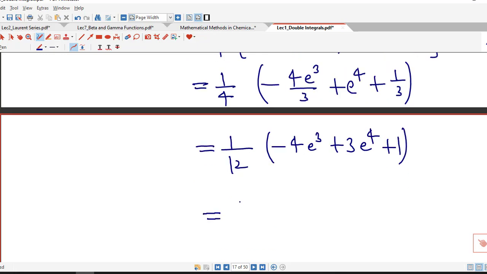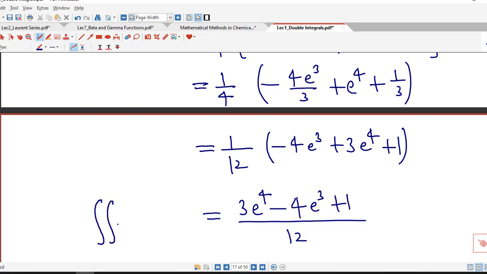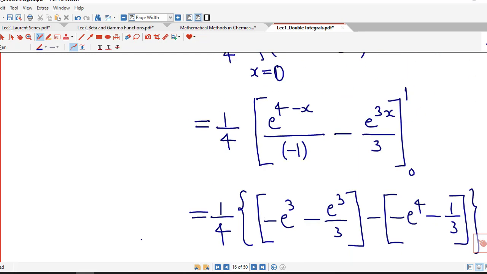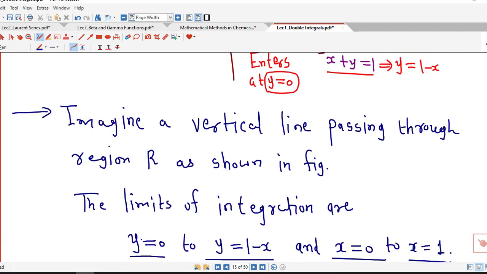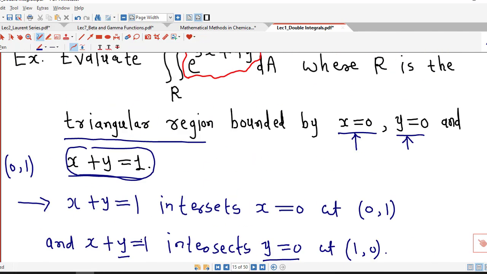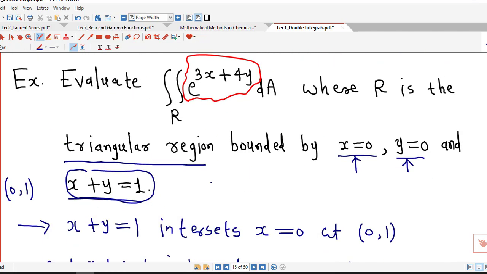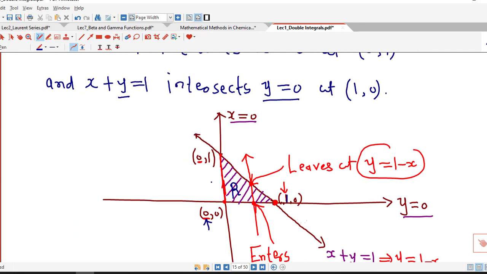So this we can rewrite as 3 e raised to 4 minus 4 times e cube plus 1, divided by 12. So this is the value of the given integral over the triangular region. Our integral is e raised to 3x plus 4y over R, where R is the triangular region. So in this way we can easily find the value of a double integral over a given non-rectangular region.